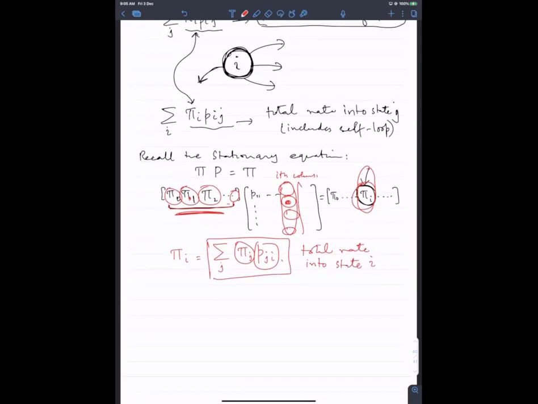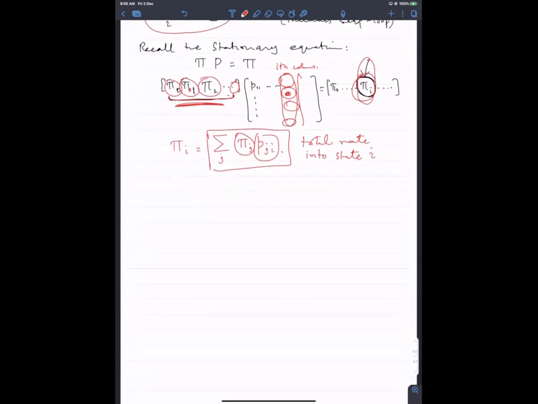Just as we wrote before, the total rate into state j. Here, from all the j you are coming onto i. So you have an i here and many of these coming in. Summing over all j, this rate is the total rate into state i.